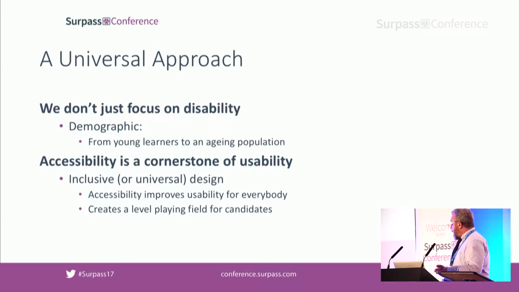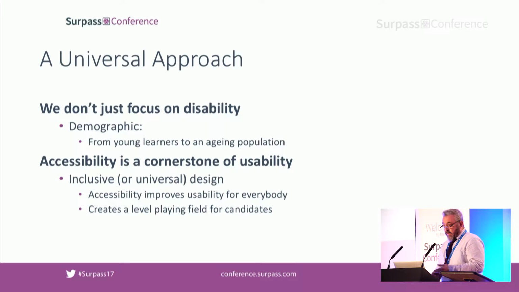Okay. In design, we don't really focus on disability. Just as an example, we also think about the demographics. So earlier on, we were talking about younger learners, but also in an aging population, you've got the needs of older learners as well, all of those presenting particular challenges.